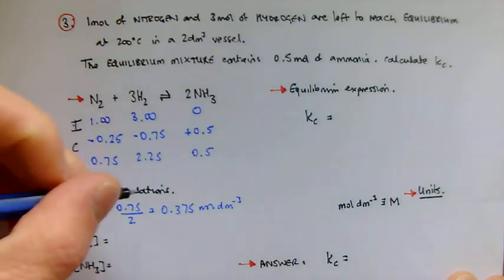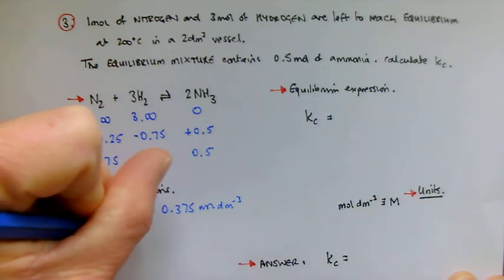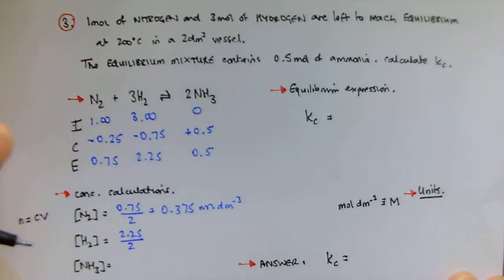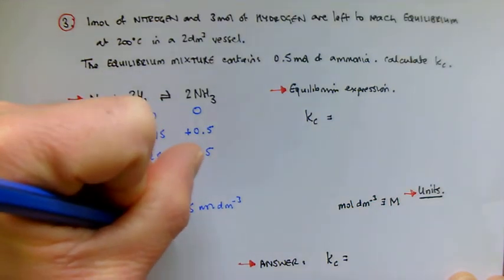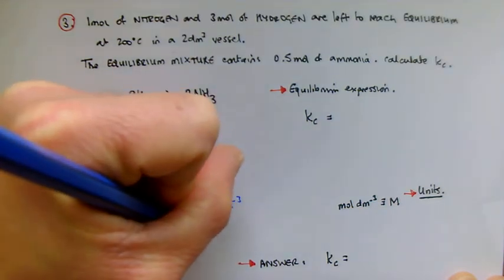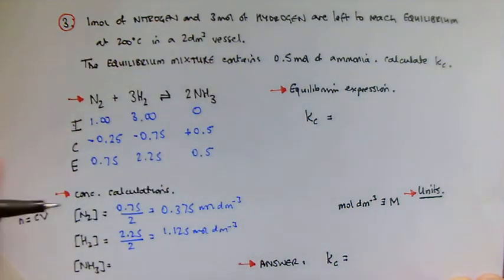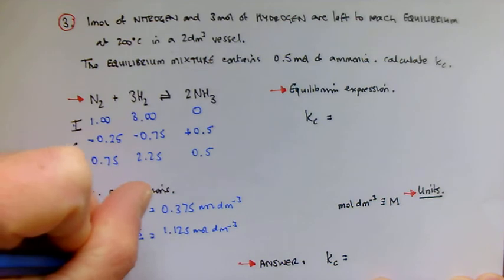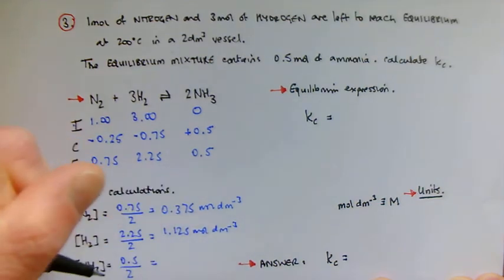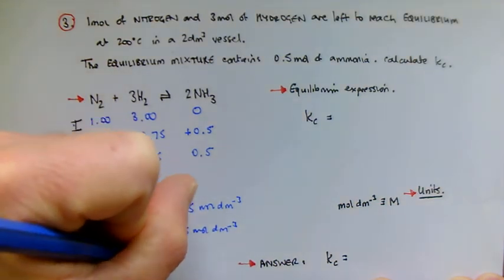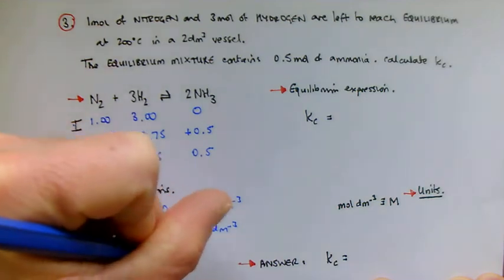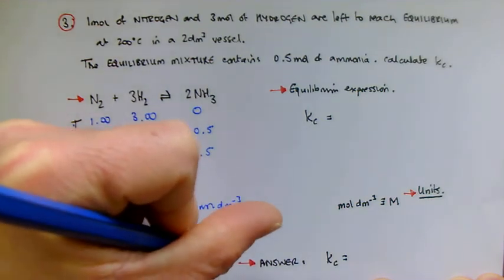For hydrogen it is 2.25 over 2, which is 1.125 mole per dm cubed. And for ammonia it is 0.5 over 2, which is 0.25 mole per dm cubed.